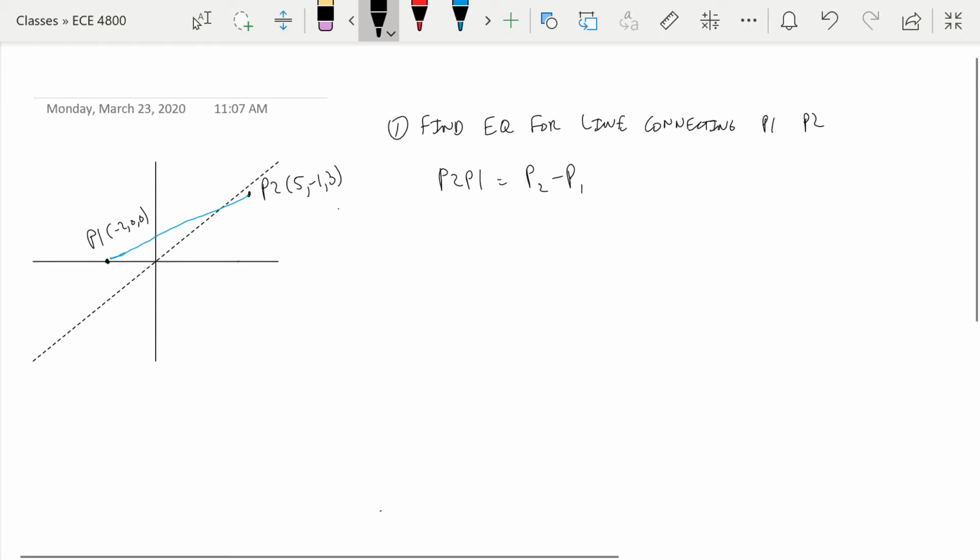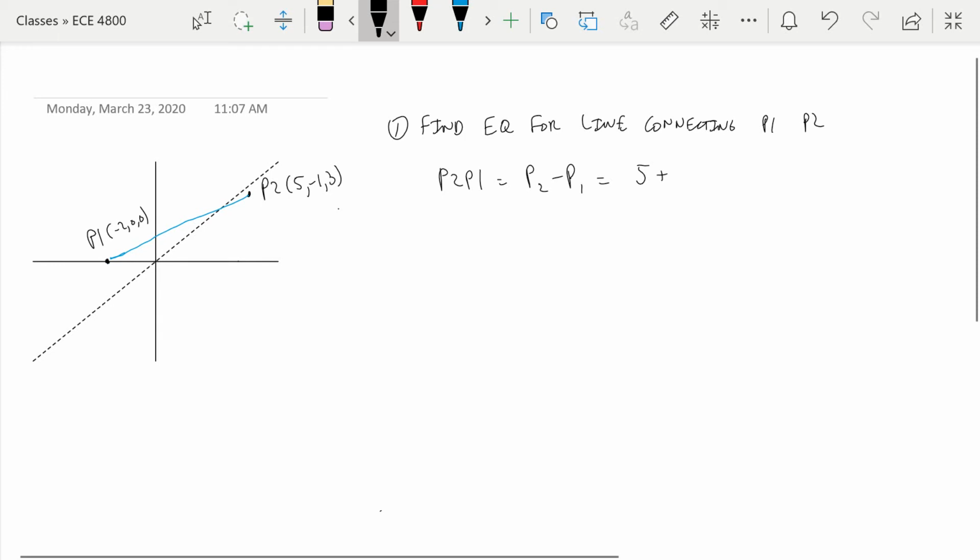All right, and so the 3 components of that vector: you take the coordinates in P2 and subtract out the coordinates of P1. So you take 5 right here, and subtract out a negative 2.